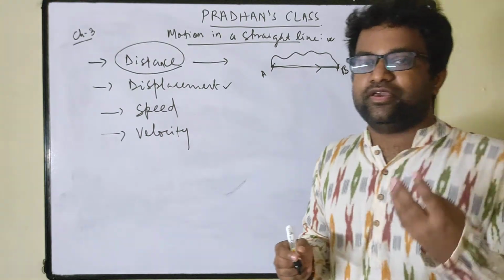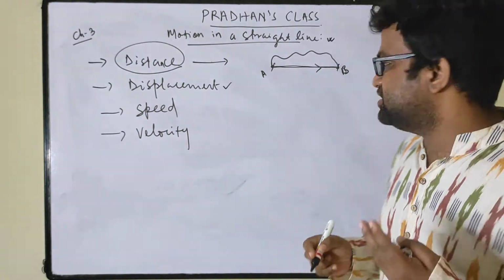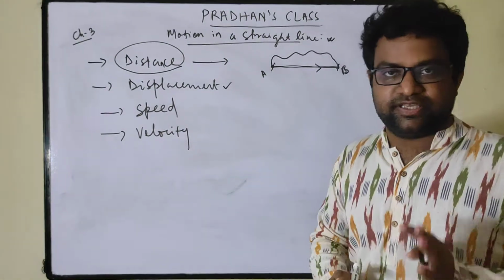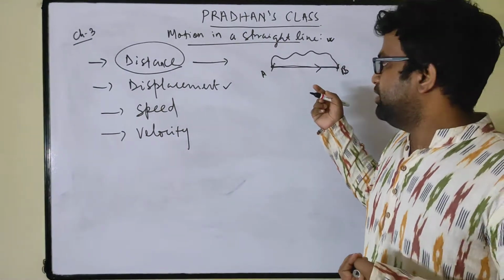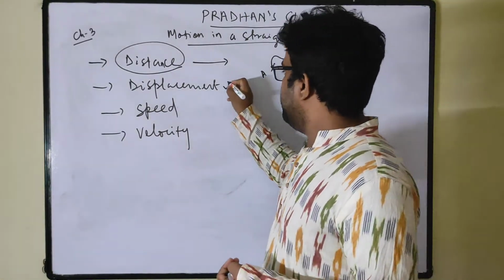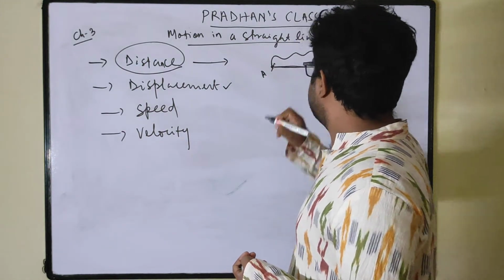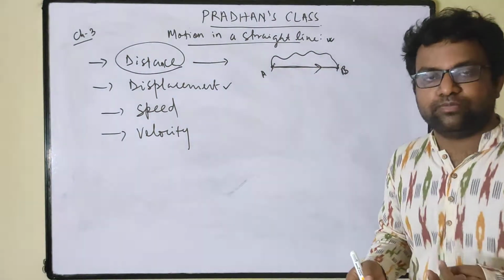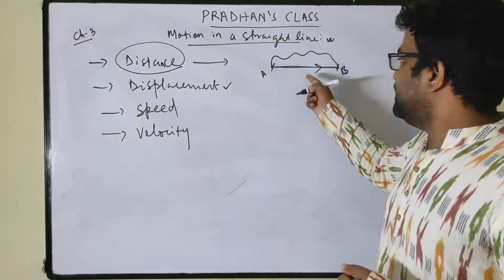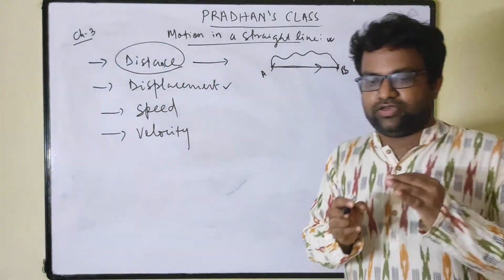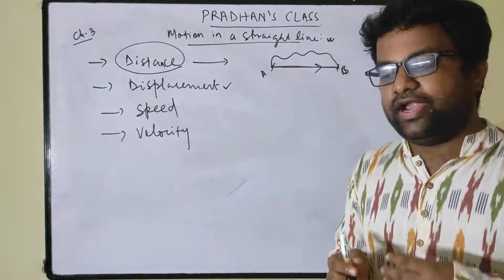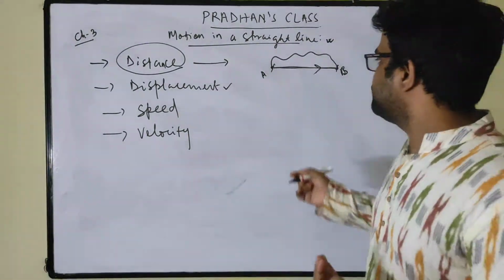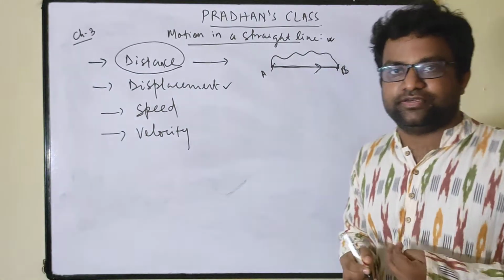Distance will be, in most cases, bigger than displacement, because distance is taken by any path, right? And displacement has a direction. So the thing you may not know in class 11 is that any physical quantity which has both magnitude and direction is called a vector quantity.